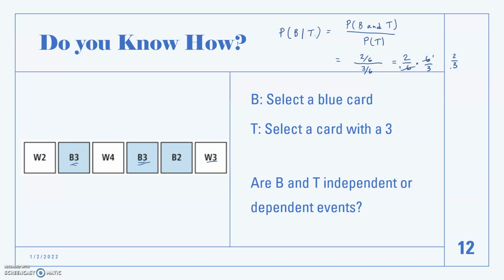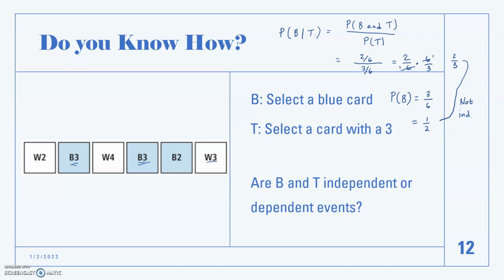Okay. Now we want to check the probability of just blue. If I chose a random card, is it blue? Well, there are 3 blue cards out of 6, so the probability of blue would be 1/2. Since these two numbers don't match, they are not independent events.